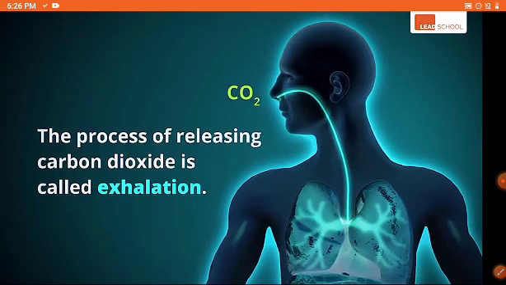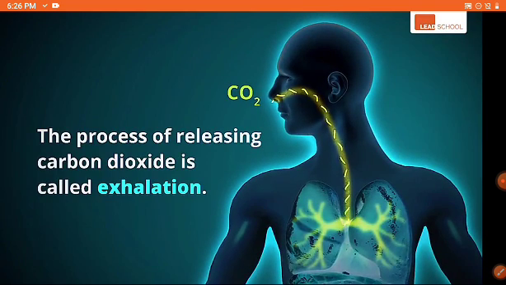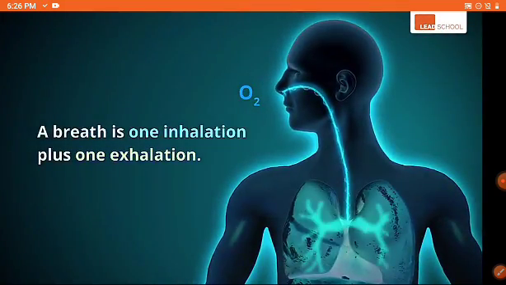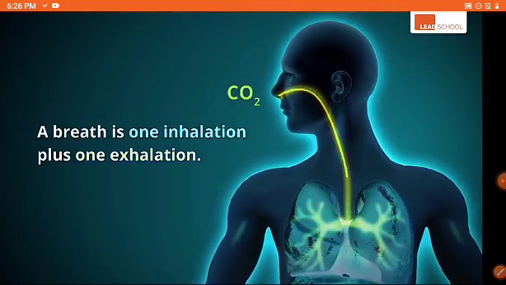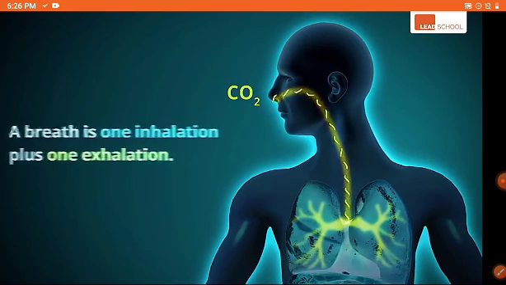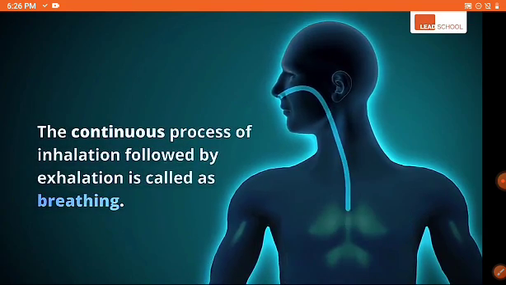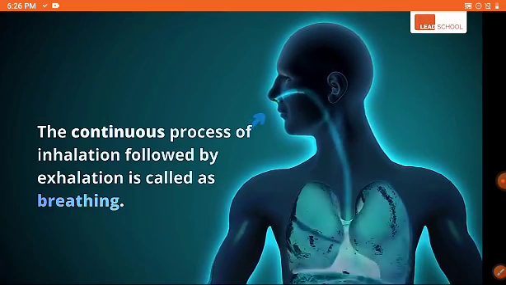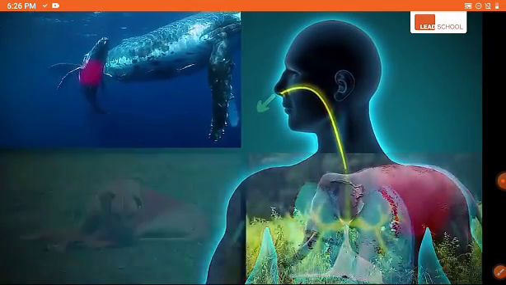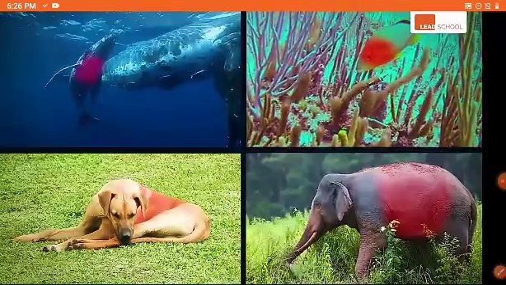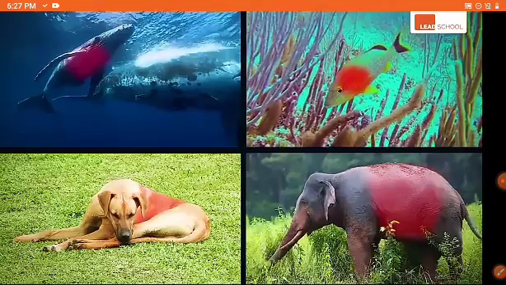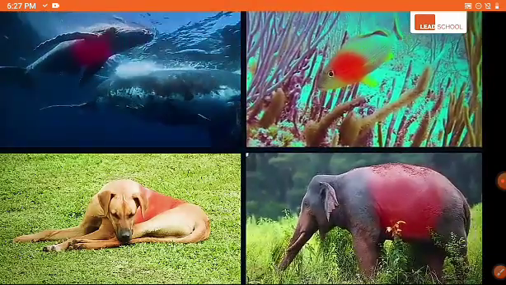This is done through exhalation, in which we breathe out carbon dioxide. A breath is one inhalation plus one exhalation. The continuous process of inhalation followed by exhalation is called breathing. Since all organisms need to respire continuously, breathing goes on continuously throughout their lifetimes.